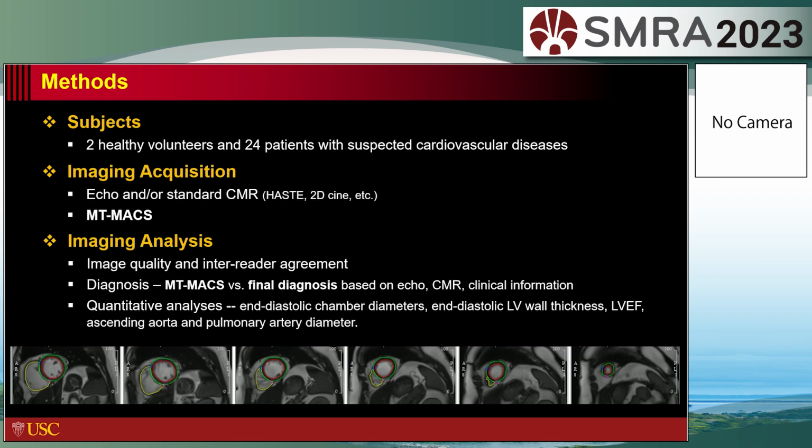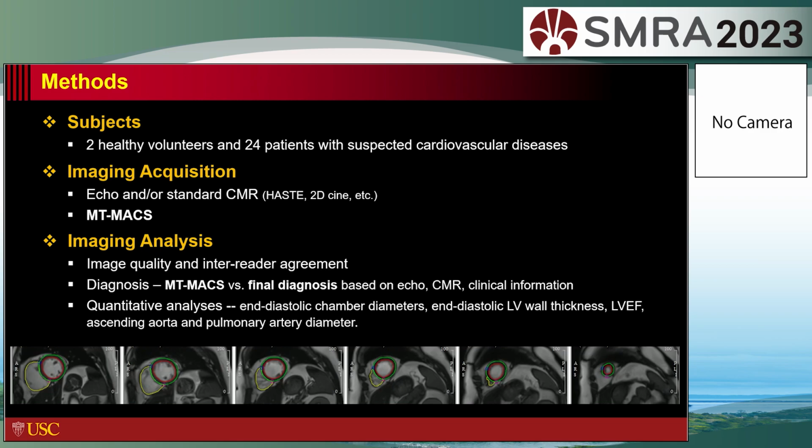And we collected the information from the clinical imaging and also standard CMR. For image quality, we used a 0 to 3 4-point scale, and we also evaluated inter-reader agreement. And for diagnosis, we compared the diagnosis from MT Max to the final diagnosis based on the clinical imaging, including echo, CMR, and other clinical information.